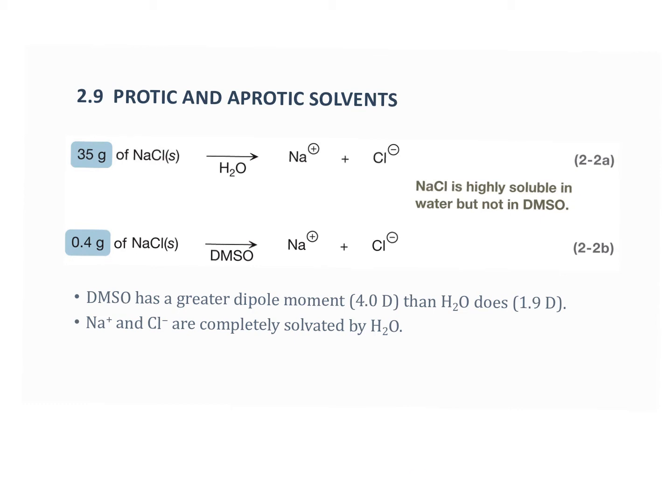The question we need to think about is, if intermolecular forces and entropy were the only things involved in solubility, then why is there so much sodium chloride that can dissolve in water, but not very much can dissolve in DMSO, which is a polar solvent? So there have to be other things at play here.